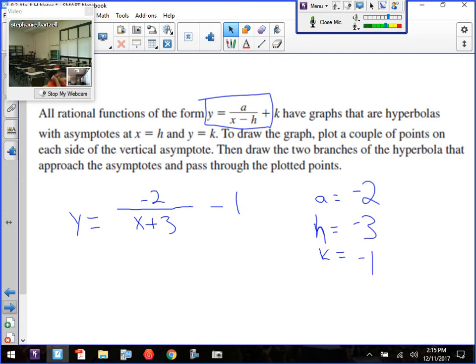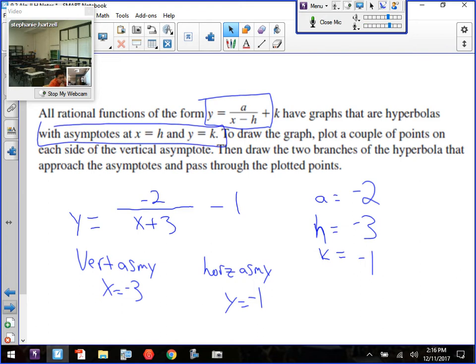That tells me right away that I have a vertical asymptote at x equals negative 3, and I have a horizontal asymptote at y equals negative 1, because of this rule here.